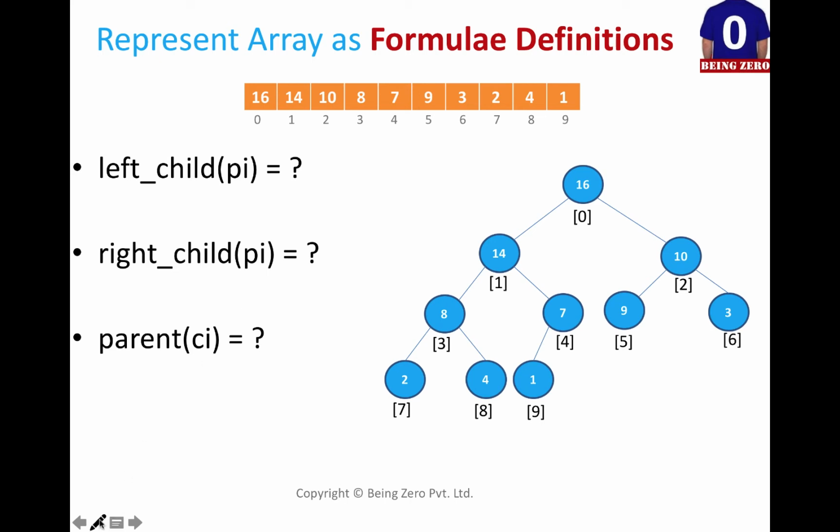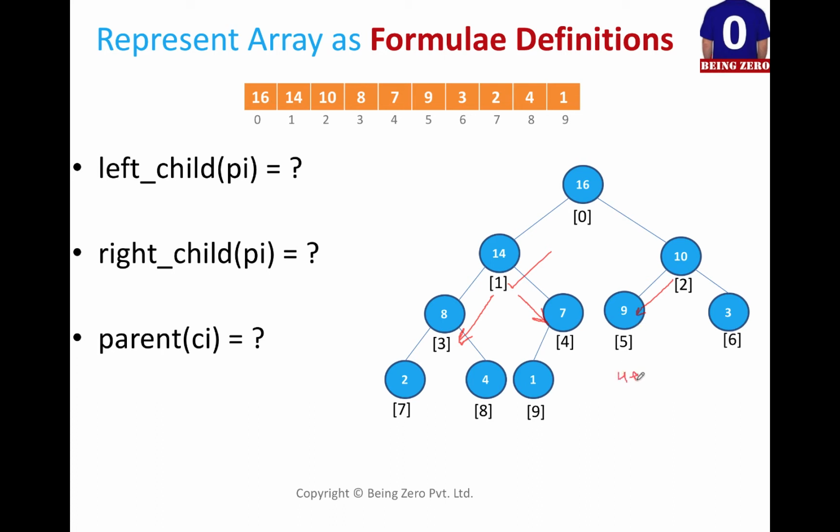So how do we derive these formulas? Let's say the index given is 1, and we want to figure out the left child of 1. The left child of 1 is coming out to be 3, and the right child of 1 is coming out to be 4. And if you look at it, the left child of 2 is 5, which is double of 2, that is 4, and we are adding 1 to it.